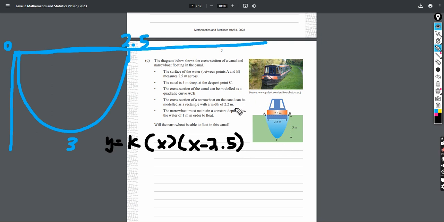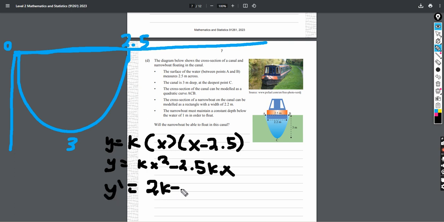Now, you could, I guess, use calculus, because x equals 3 when y prime equals 0. Yeah, let's do that. That's probably easier. Now this isn't the calculus paper, but this is still a valid method as long as you show working.